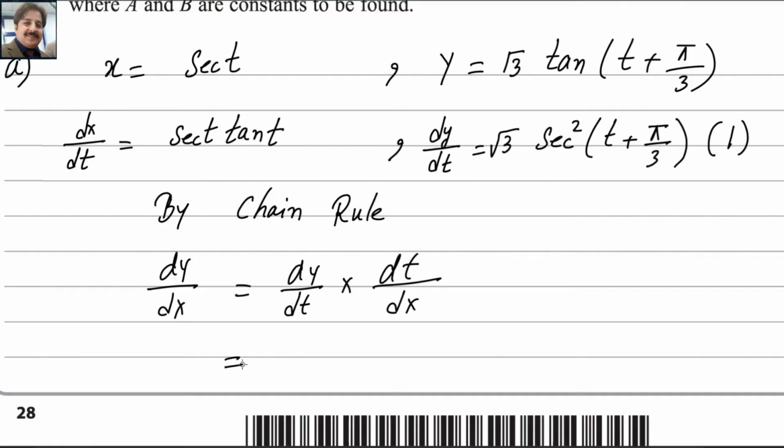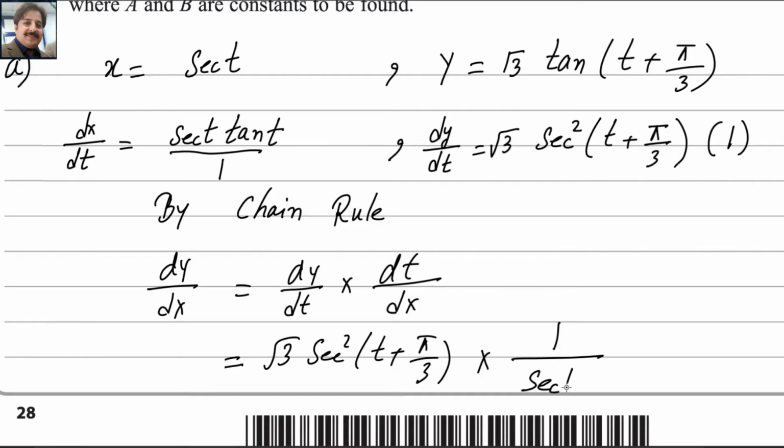So here substitute the values. dy by dt we already got, that is square root 3 sec squared(t plus pi by 3), multiplied by the reciprocal of this one, to get dt by dx. Here we have dx by dt, but we need to find the value for dt by dx. So it will be 1 over sec t tan t.